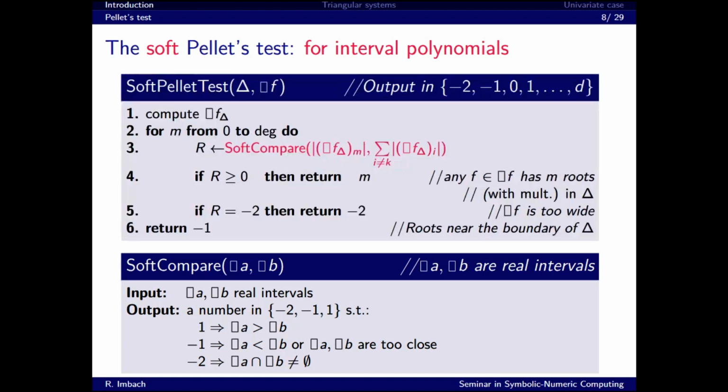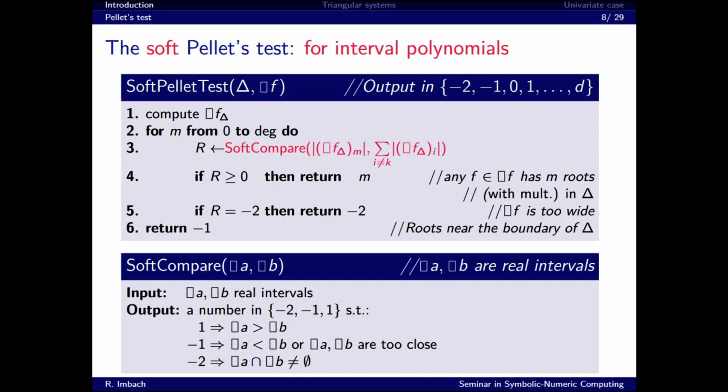We can embed this soft comparison into what we call a soft Pellet test, for interval polynomials. We first compute box f delta, which is an interval polynomial, and then for each index of coefficient, we try to decide if the inequality holds with the soft comparison function.